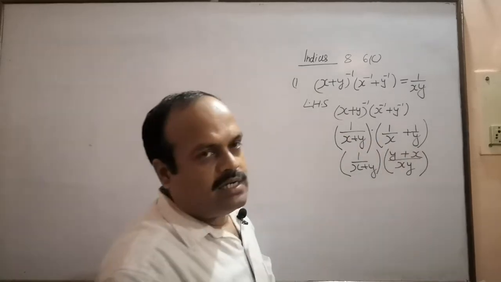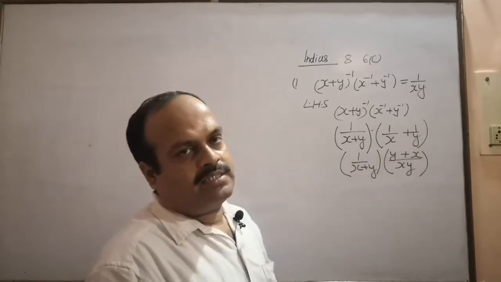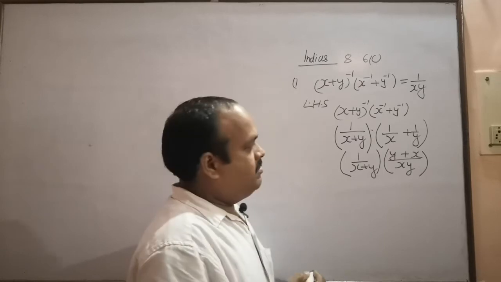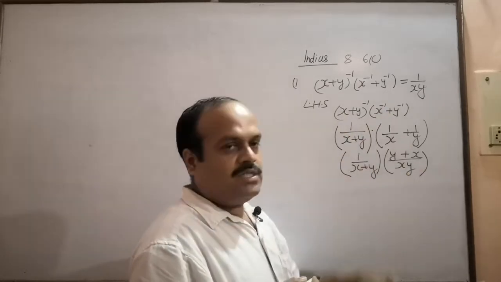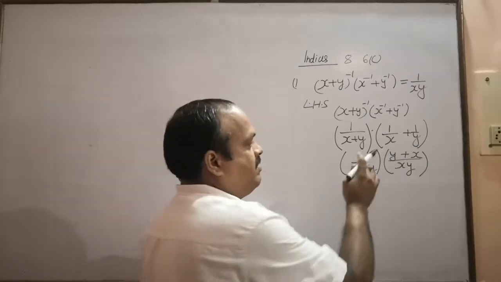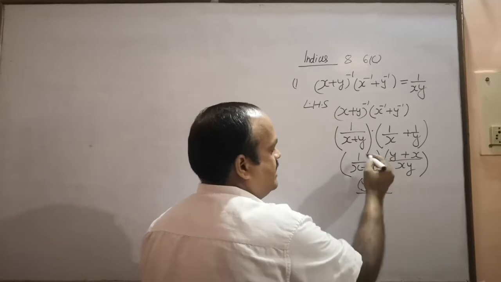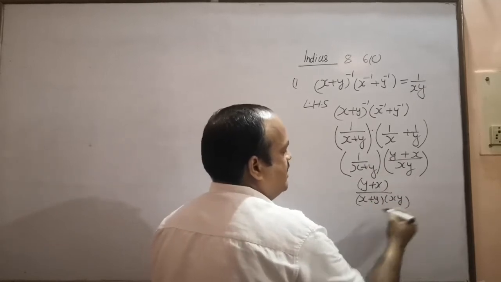I hope you all know how to add fractions, as you are in class 9. So you can see now, this bracket we have changed to this form. When we multiply 1 with y plus x, we will get y plus x, and in the denominator we will get the product of x plus y and xy.